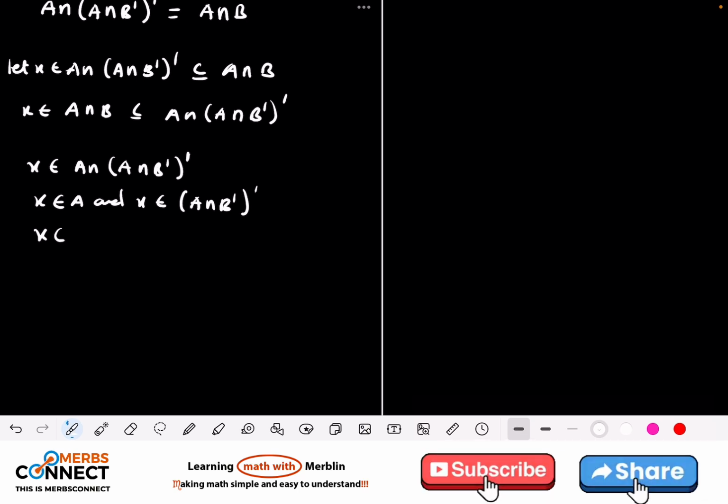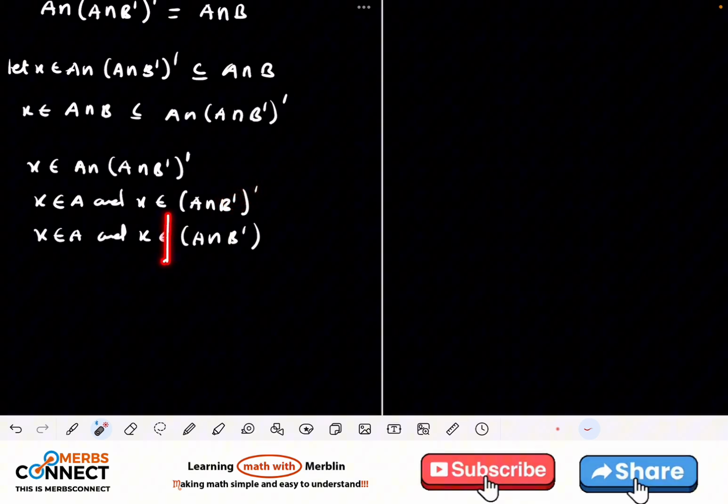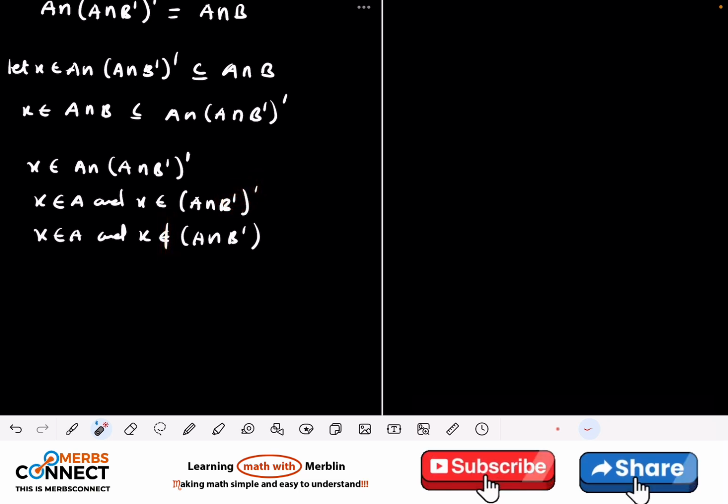Now let's go ahead. We need to change the complement on the top here first. That one is going to give us x is not in A intersect B complement. Remember, we apply this, not this, right? This is the one we are using here. It's mathematically wrong, but I'm trying to show you how it's supposed to be.